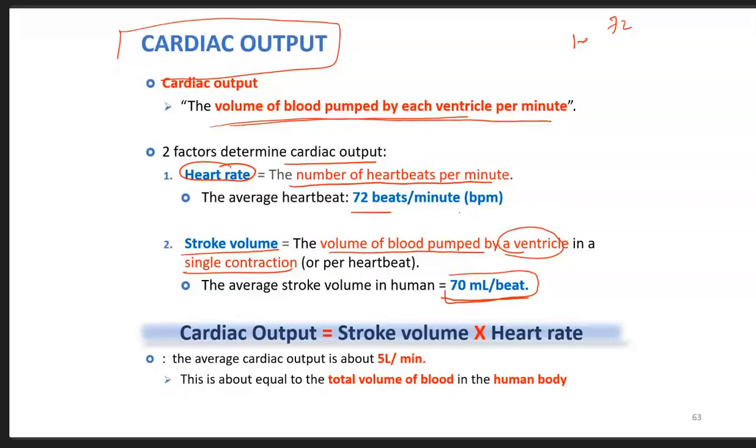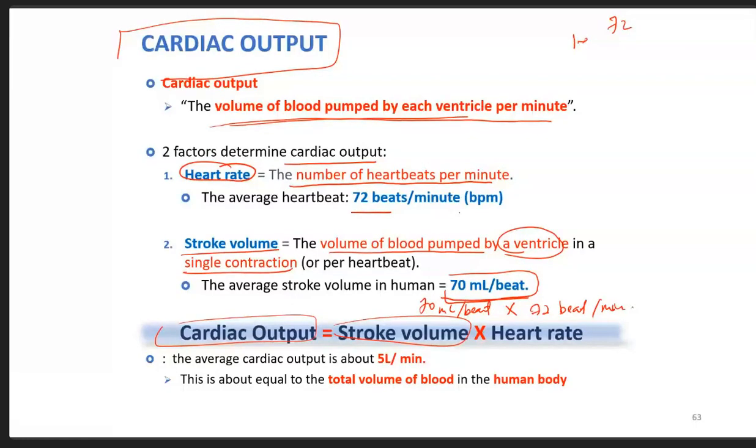Okay, satu stroke. So therefore, how to get cardiac output? It is stroke volume, berapa jumlah darah yang keluar, kali dengan heart rate. Macam tu kan. So kalikanlah, 70 milliliters per beat kali dengan 72 beats per minute.